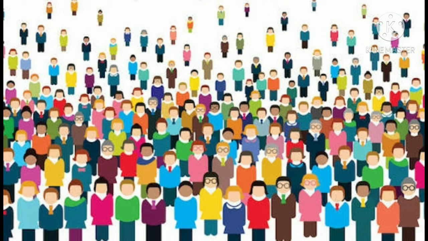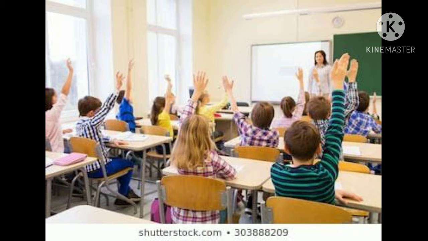Now, you have to find out the following information for a particular day. Number one question is, how many students are there in your class? Number two is, out of the total number, how many are boys and how many are girls?